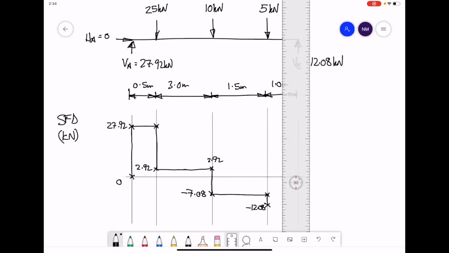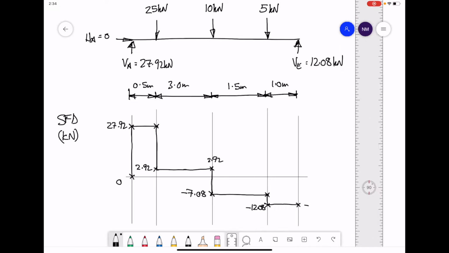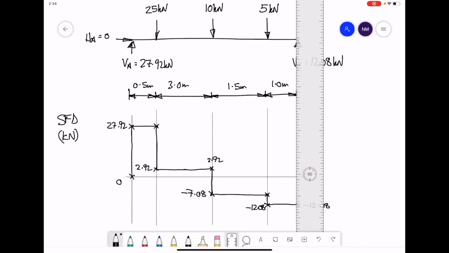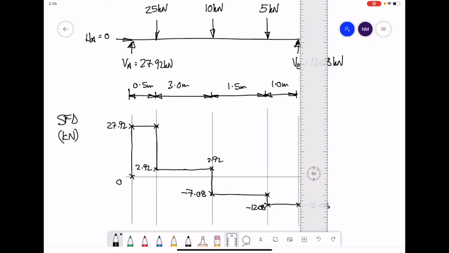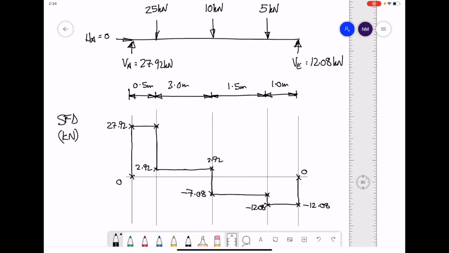As we reveal the last part of the beam, our shear force value stays the same at minus 12.08, and finally the last reaction, which is also 12.08 pointing upwards, will cause us to go back and close off our shear force diagram at the value of 0. And that's our shear force diagram drawn.